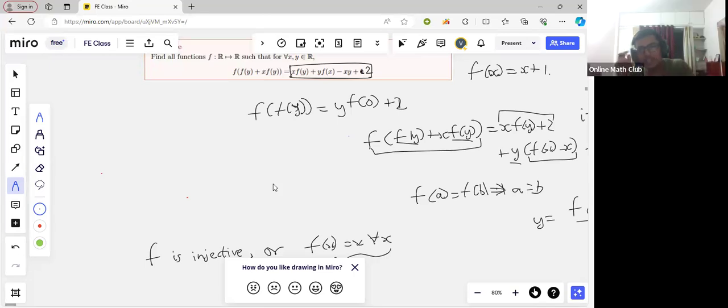Yes, so it's symmetric in x and y. Symmetry is another thing which is quite useful, and it's especially useful because though the right hand side is symmetric, the left hand side is not symmetric. So this makes it quite useful.